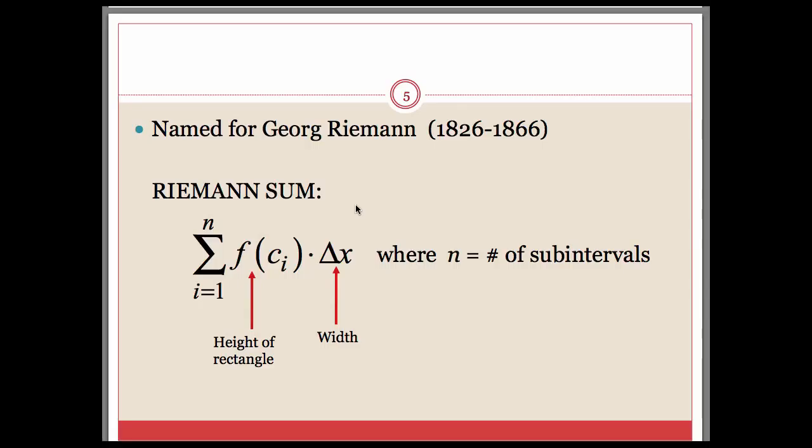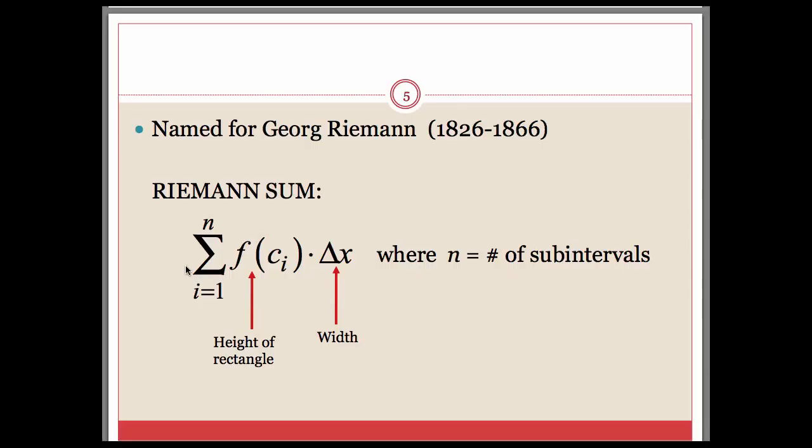The actual mathematical formula for how you create a Riemann sum is the summation as i goes from 1 to n. So i represents how many rectangles you end up having. The height of each rectangle is going to be given by the y-coordinate corresponding to the curve.